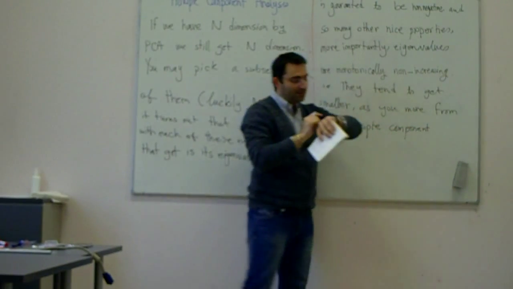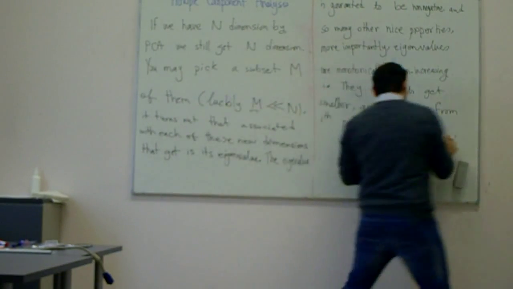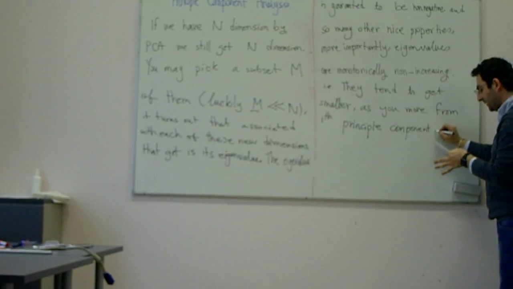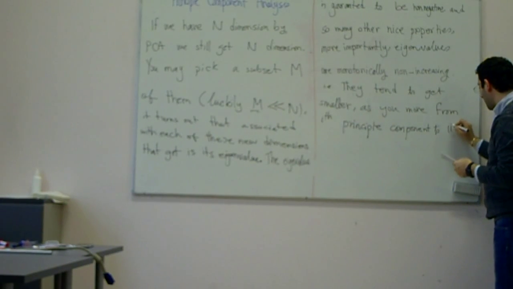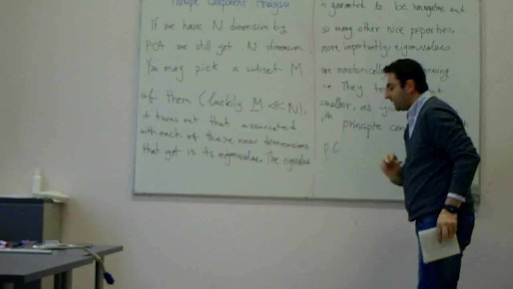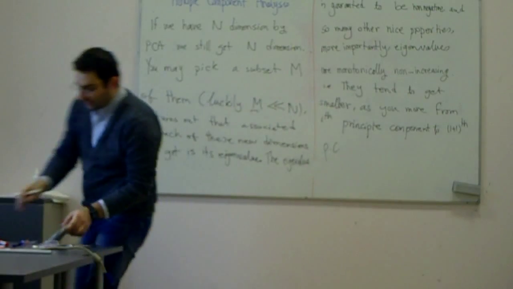This means that we have to dismiss the class. But let me finish my sentence. As we go from the i-th principal component to the (i+1)-th principal component. So PC means principal component.